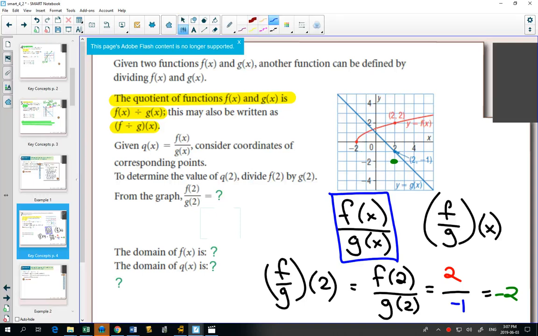In this case, g of x is the blue graph. It's in your denominator. F of x is in your numerator. So there could be a problem if g of x is ever equal to 0, because then you would be dividing by 0. And sure enough, g of x is equal to 0 at 1.